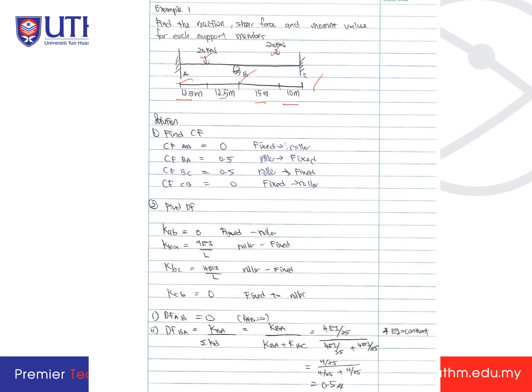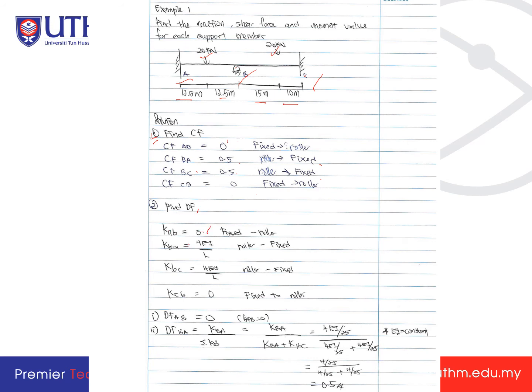First you need to find CF. CF AB is 0, fixed end. CF BA is 0.5, roller to fix. CF BC is 0.5, roller to fix. CF CB is 0 because it is fixed to pin. And then find K. KAB is 0 because it's fixed.